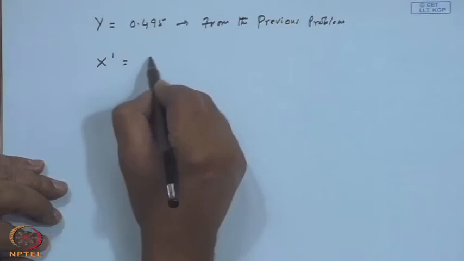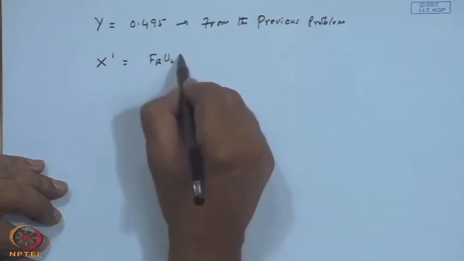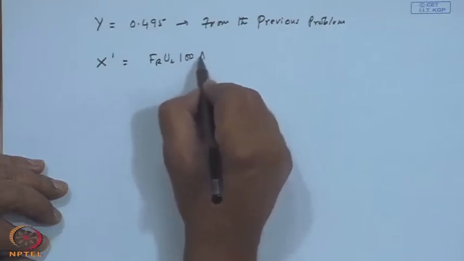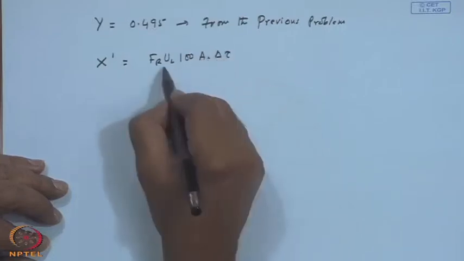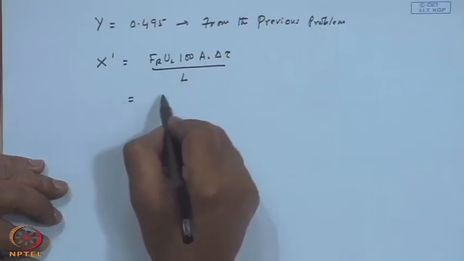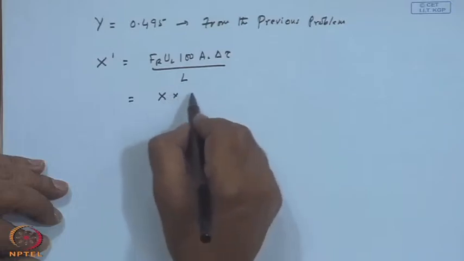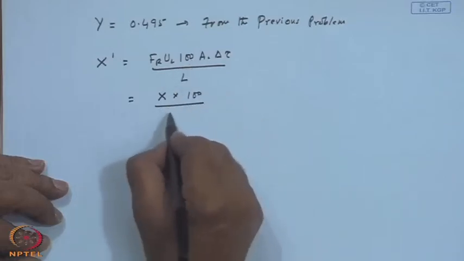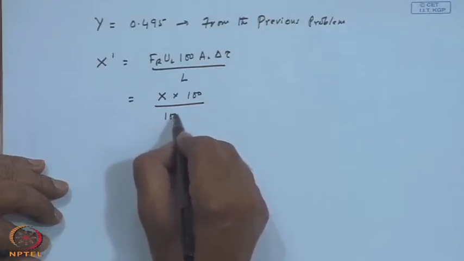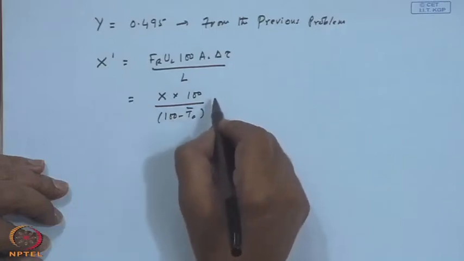You can write of course as F r U L into 100 into A c into delta tau by L, which will turn out to be our previous X multiplied by 100, because X contains this 100 minus T A bar.